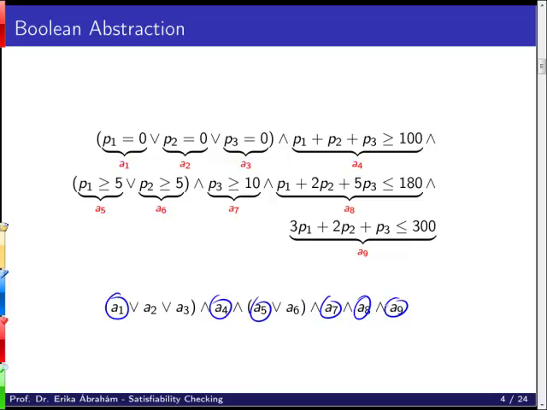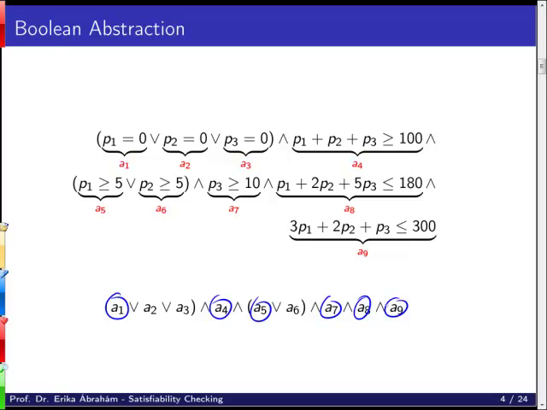But of course, this does not have to be true in the theory, because P1 equals 0, and the constraints corresponding to A4, A5, and 7, 8, 9 together do not have to be satisfiable. If they are together satisfiable, then I also have the solution for this problem. If they are not satisfiable, then this given solution for the Boolean formula cannot be extended to the theory.